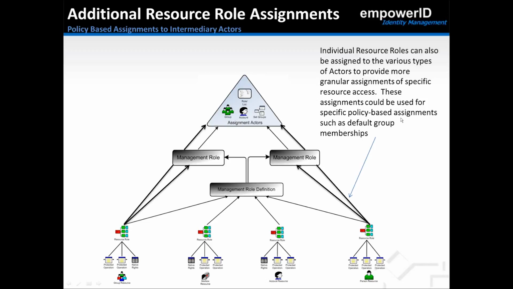These assignments could be, for instance, for specific policy-based assignments, such as group membership. So I may want to assign to a business role and location a group membership to a particular group, so that anyone who gets placed in that particular business role and location assignment would get the member resource role assignment to a particular group.